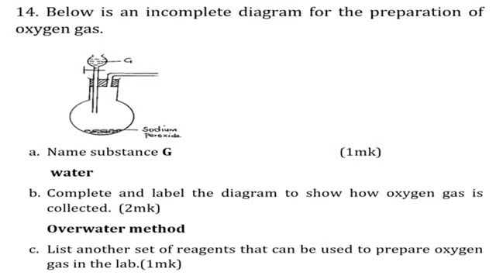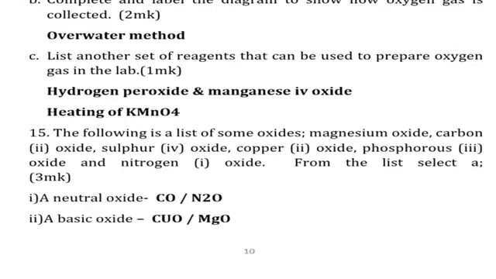Below is an incomplete diagram for the preparation of oxygen gas. You are told name substance G. G is water. Complete and label the diagram to show how oxygen gas is collected. You have to draw over water method.